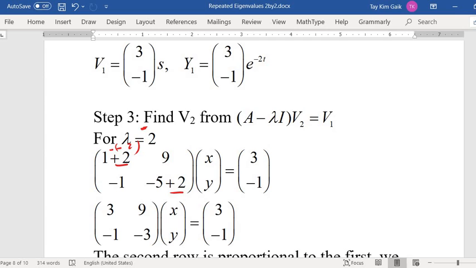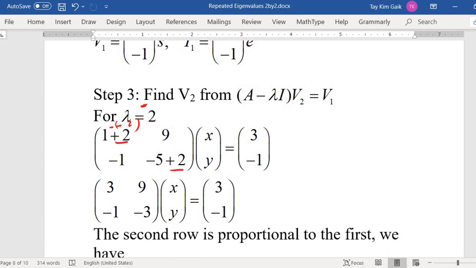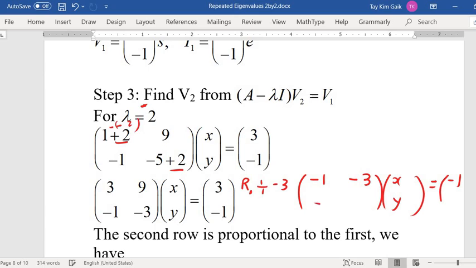As in step 2, these two rows can be reduced to the same equation: taking row 1 and dividing by negative 3 gives negative 1 and negative 3, and 3 divided by negative 3 is negative 1, so there is no change to row 2.